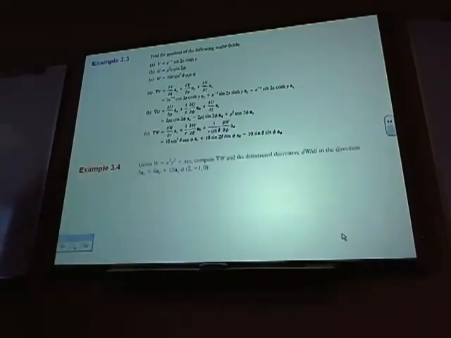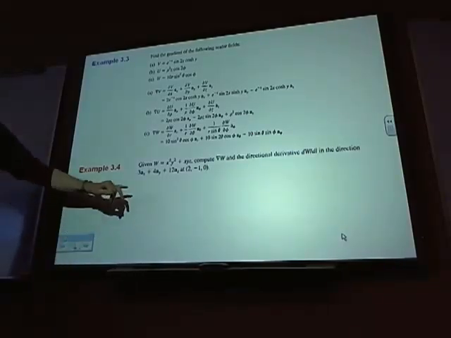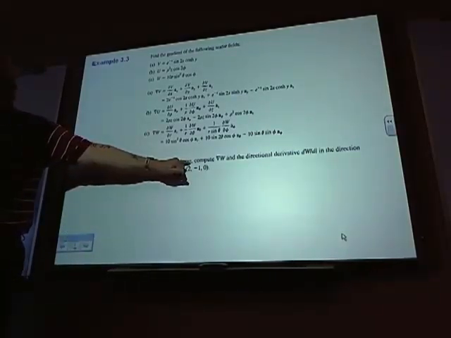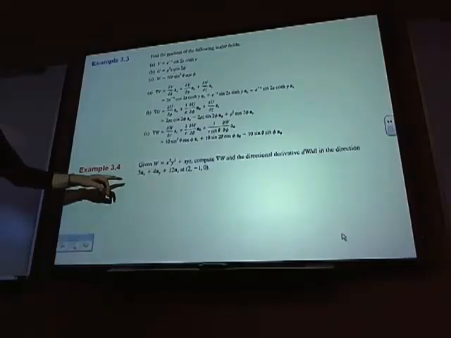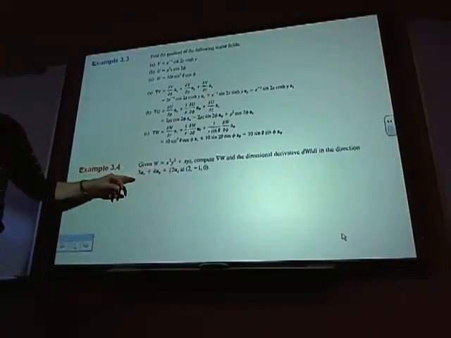So this is just showing you those concepts. And here's another example. You've got a field. It is x squared plus y squared plus xyz. You want to find its directional derivative in the direction of this vector right here.